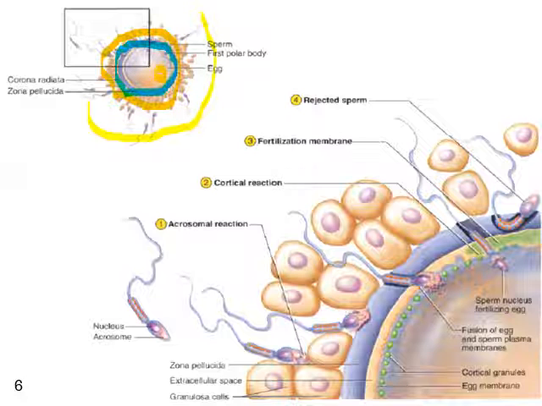And coming in here are sperm. Here below to the right is a blowup of part of that oocyte with the zona pellucida, with the corona radiata and sperm approaching.